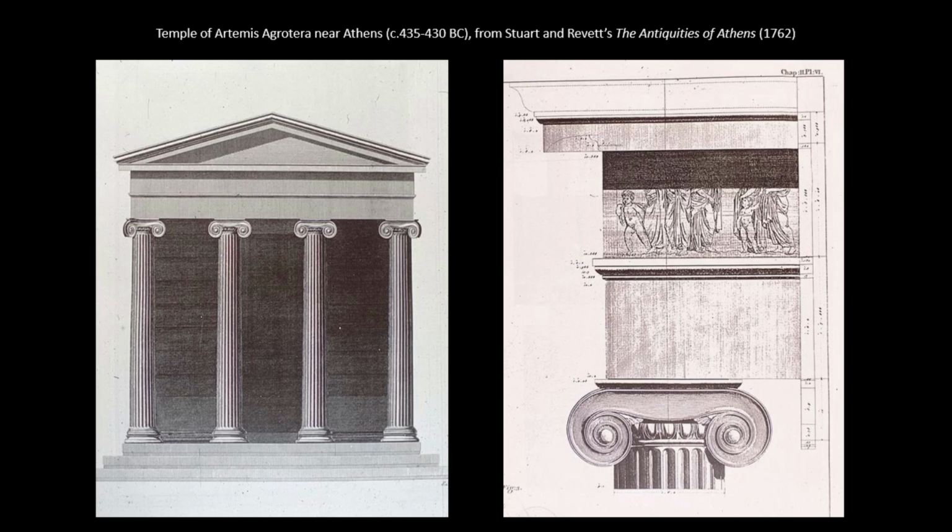This ancient structure was best known from illustrations published in a book called The Antiquities of Athens by James Stuart and Nicholas Revett, published in 1762. Scholarly publications like this played a key role in disseminating architectural styles in this era.